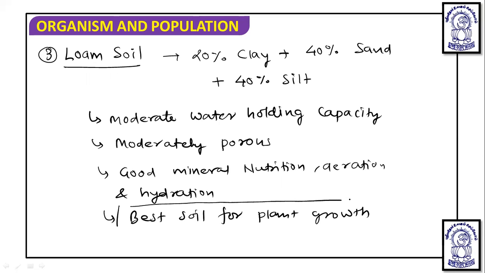This is one of the important points you should remember: loam soil is the best soil for plant growth, and it is an important question that gets asked. So these are the three types of soil textures.